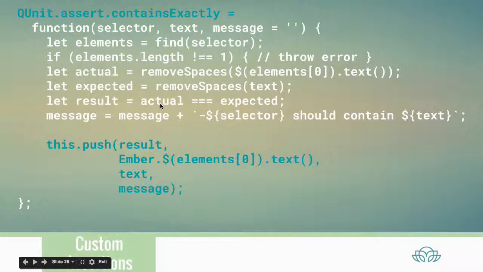This is one I use frequently, called contains exactly, which looks at the text that you're passed and the text that is in a selector, removes the spaces to normalize them, and then in QUnit assertions you have to do a this.push, passing it things to compare, I think the result and what it should have been, and text.